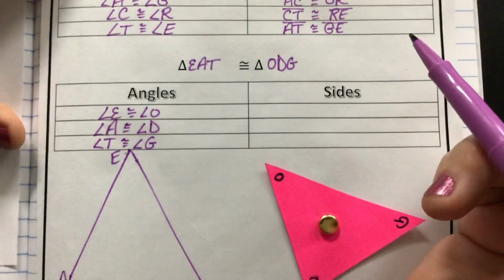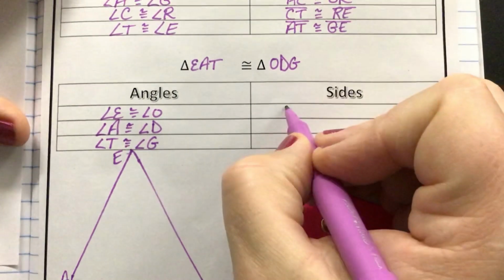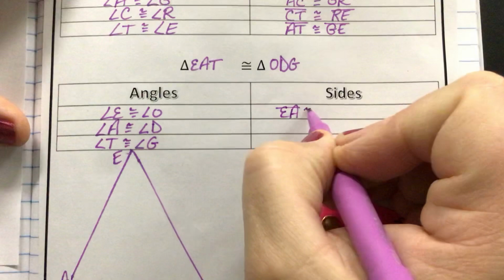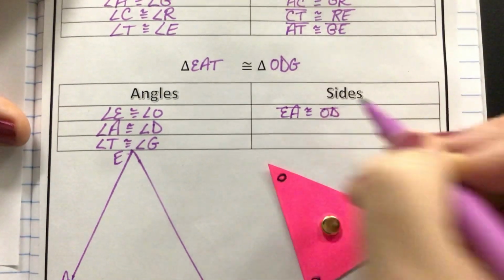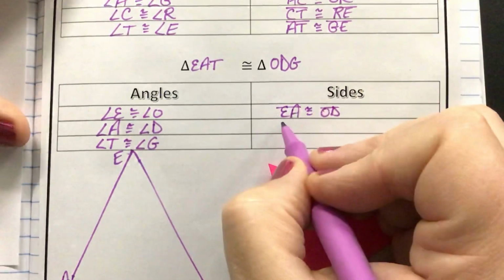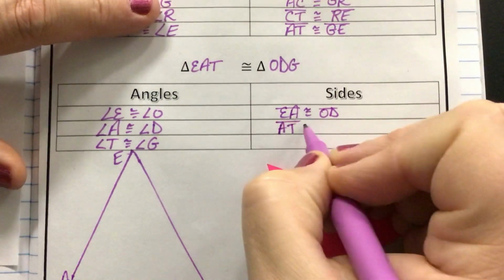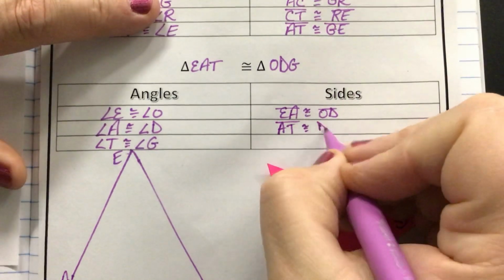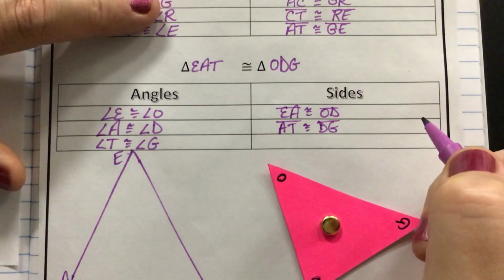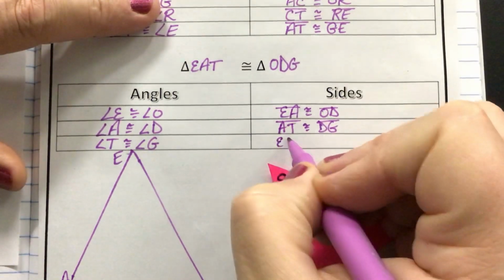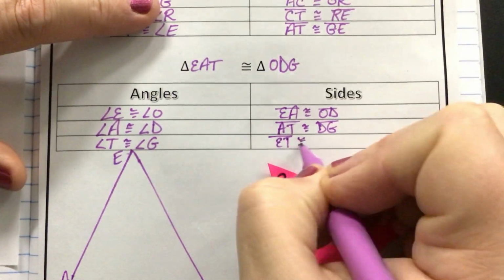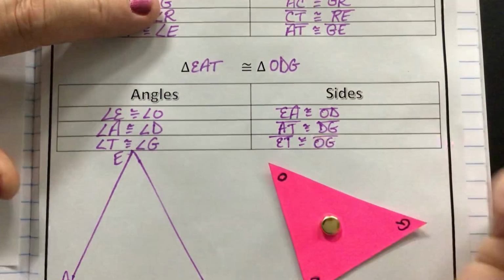For my pairs of sides, I would have segment EA congruent to segment OD, segment AT congruent to segment DG, and finally segment ET congruent to segment OG.